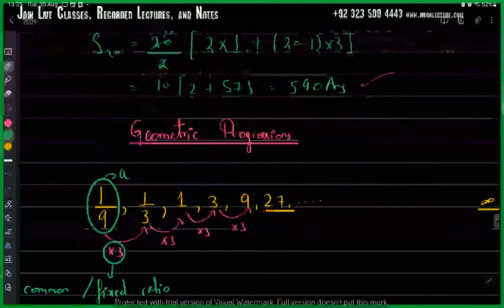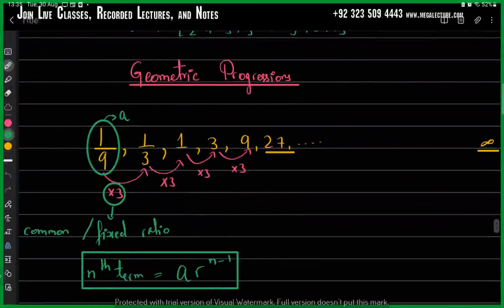After that we discussed geometric progression. Now in arithmetic progression, we were able to notice that every term was being added by a number, and then we were able to find the next number. So the difference between two consecutive terms was common. In case of geometric progression, we have a common ratio.